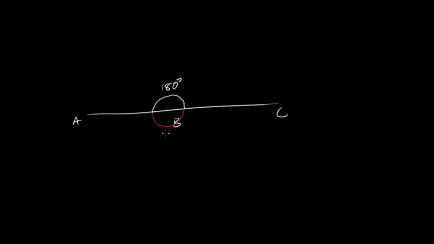Now, let's consider a straight line again, A, B, C. Remember, the angle here we said is 180, angles on a straight line. And that means even the angle here is supposed to be 180 because this is also an angle along the straight line. Now 180 plus 180, we have 360 degrees. So whenever you have angles around a point, regardless of the number of those angles, they always add up to 360.